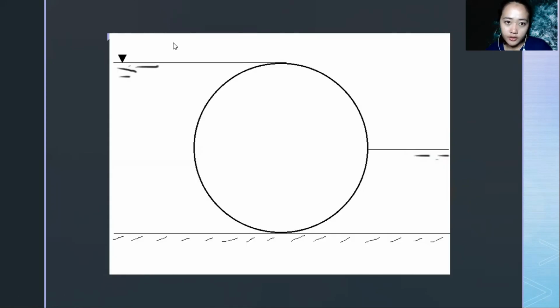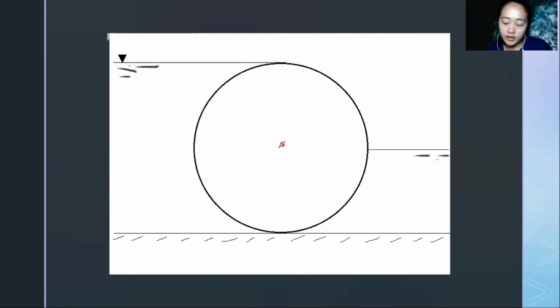So in this figure, this is the free surface. It's water here, water, free surface. So this is the center. This is the center.